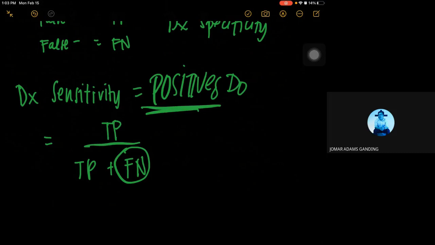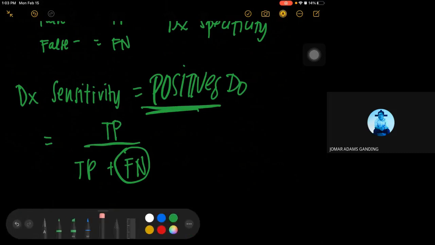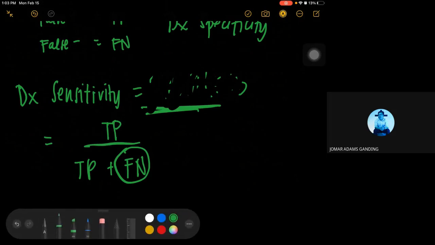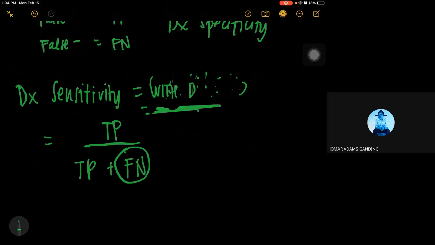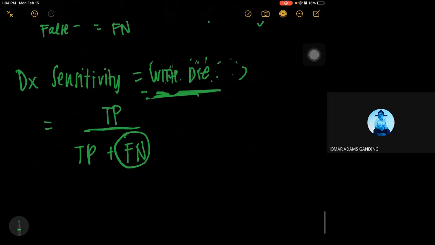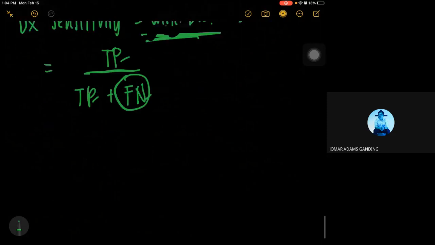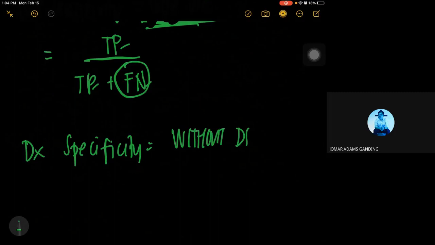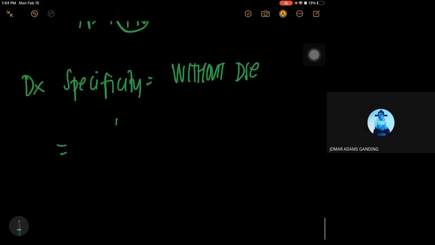Let me change the word here so that you understand it better. These are individuals with disease. So this is the formula: true positive plus false negative. What about diagnostic specificity? These are individuals without disease, so we're talking about the negatives. So this is true negative over true negative plus false positive.